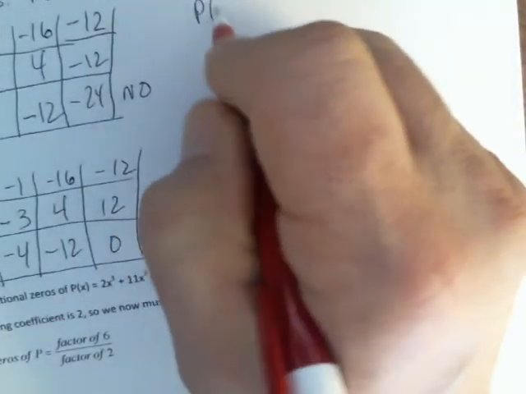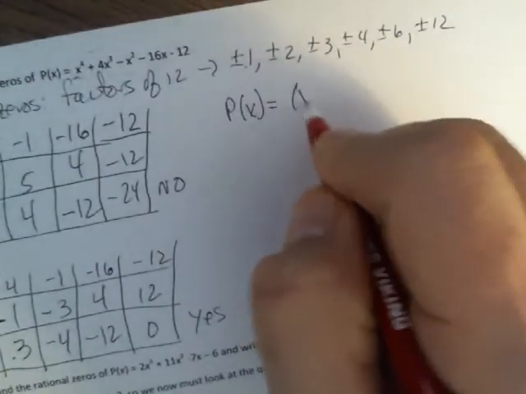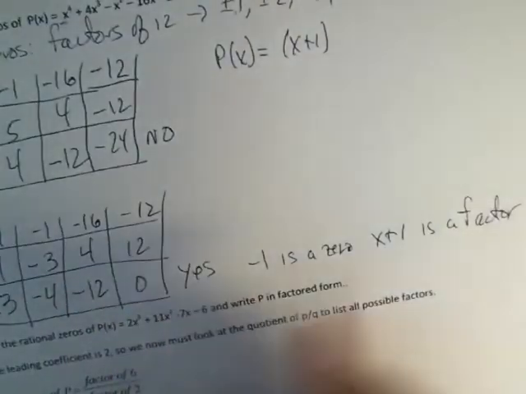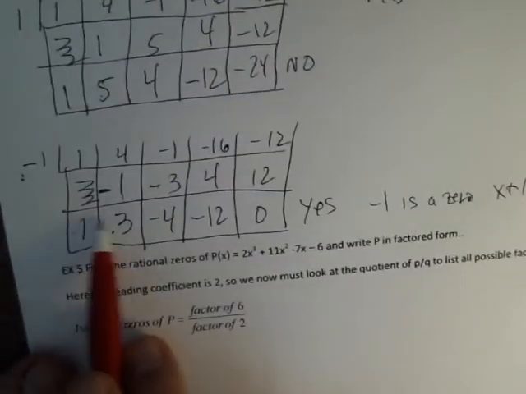All right. So I now know that P of X, which is what we started with, is going to be X plus 1, and my quotient, again, comes from down here.